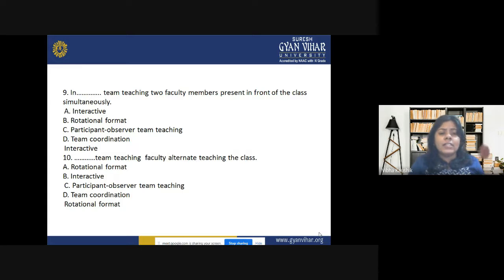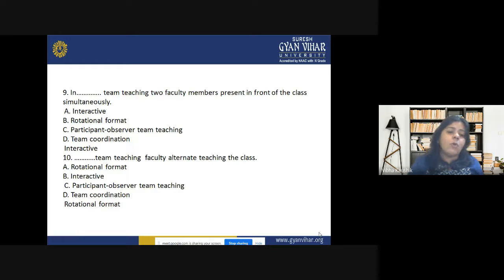Whether it's A, interactive team teaching, where two faculty members are present in front of the class at the same time, or rotational format, or participant observer team teaching, where the teachers are involved in team teaching as a participant observer, and the fourth one is team coordination.